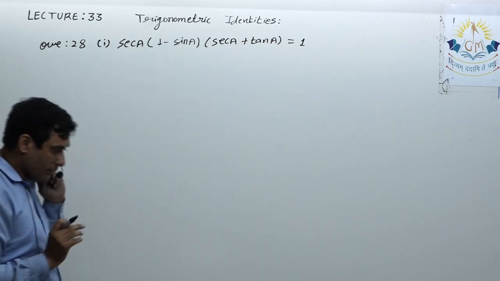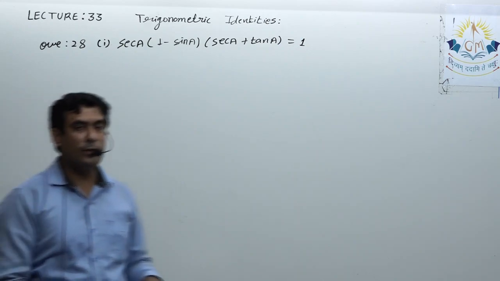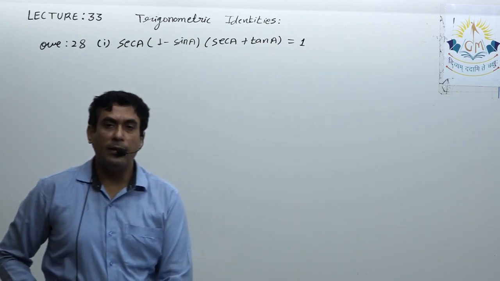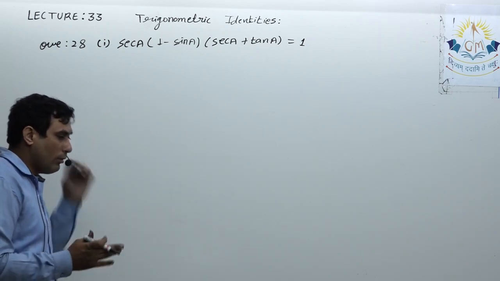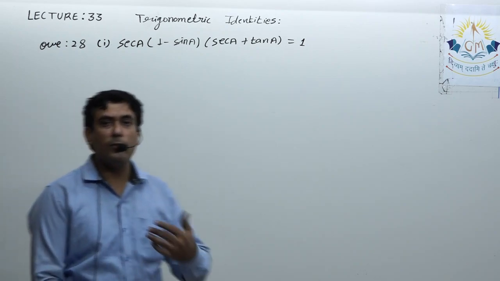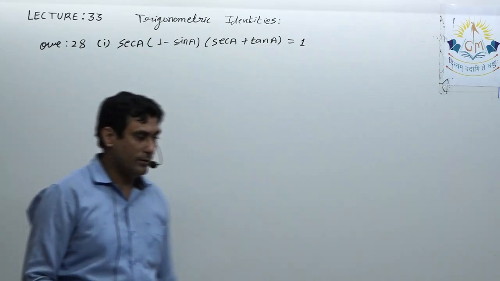In general, whenever we have to prove something, we start from the left hand side and try to get the right hand side. But in some questions, it is also possible that we have to start from the right hand side to get the left hand side.